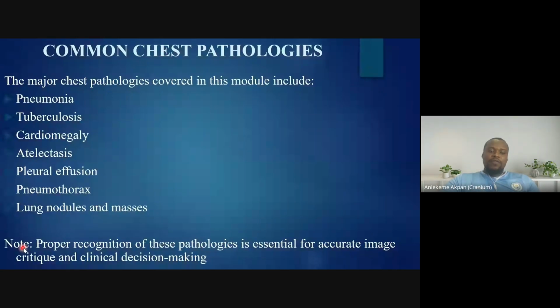You have to note that proper recognition of these pathologies is essential for accurate image critique and your clinical decision making. So to help in clinical decision making, you have to look at the chest critically using the patterns that we were given yesterday, and I've also mentioned some of them today.